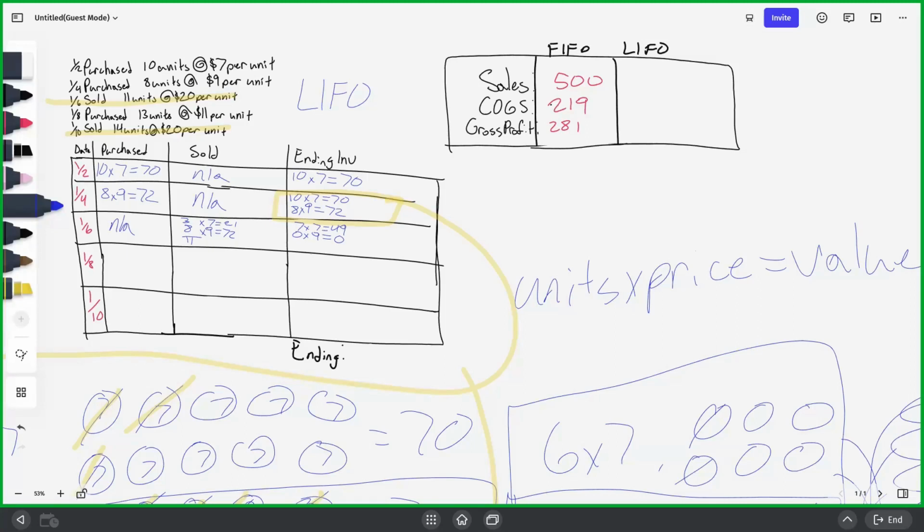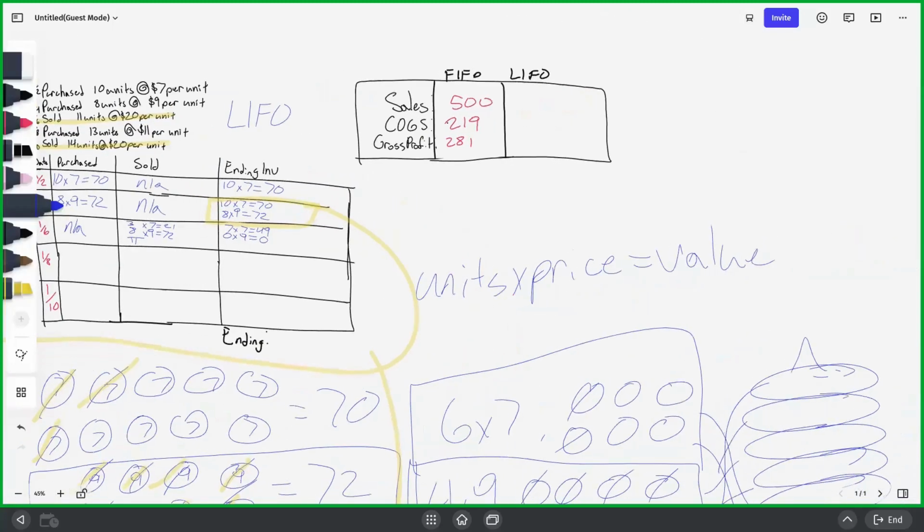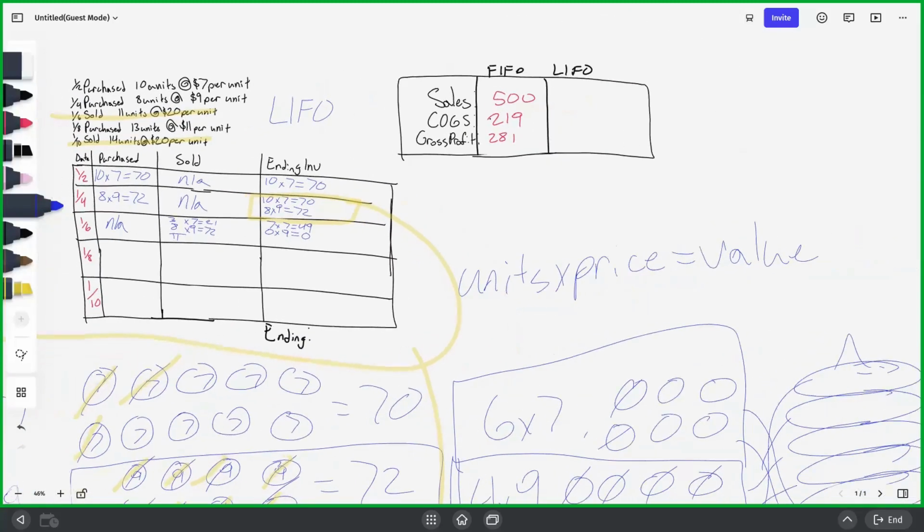Sounds good. But what we have to do is basically subtract out the 8 from the 8, the 3 out of this 10. Because everything here is units times price equals value. That's how every LIFO FIFO chart is set up.